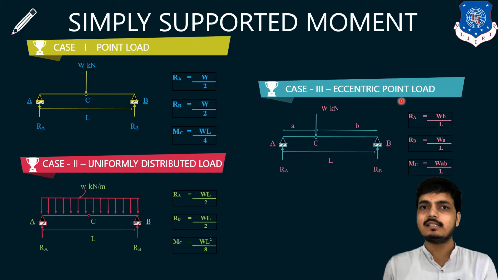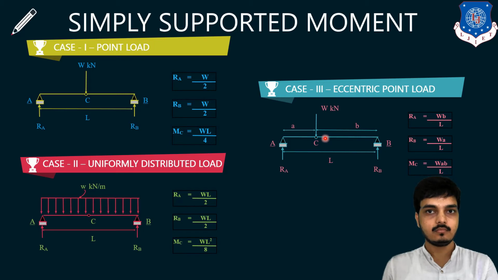Now here case number 3 is eccentric point load. You can see that these cases are similar, but we are learning some as fixed end moment, and some as simply supported moment. So this is simply supported moment. In case 3, if it is an eccentric point load, it is at distance a from point A and from point B it is at distance b, and the total length is L. So its reactions will be, for RA, W into b upon L, and for RB, W into a upon L. These are my reactions.